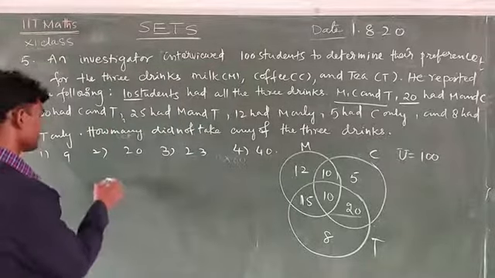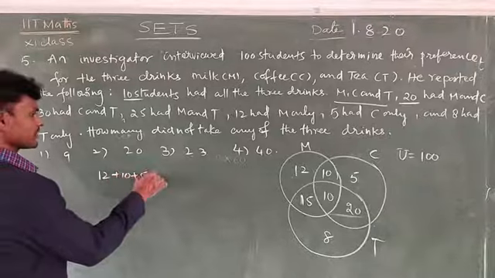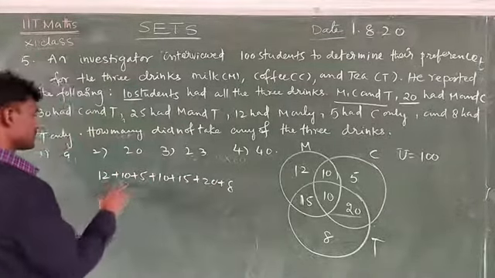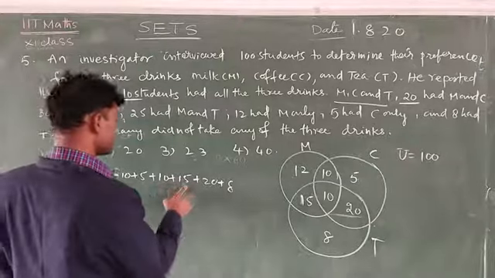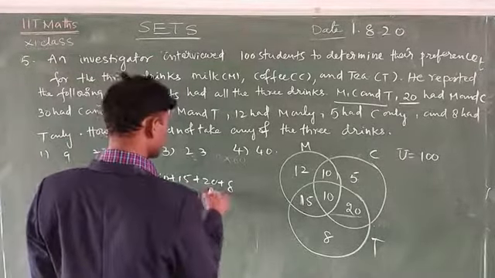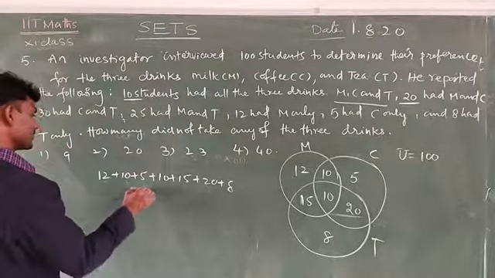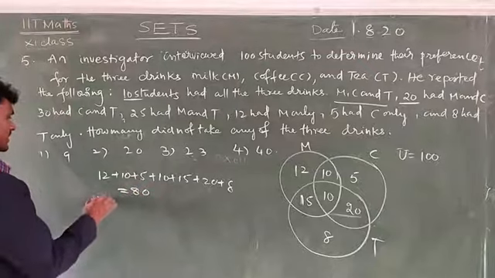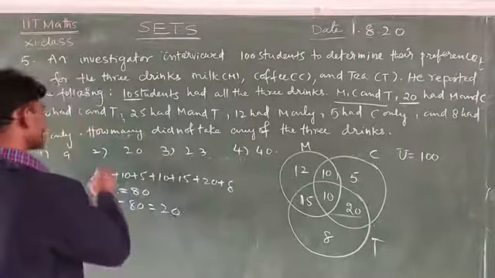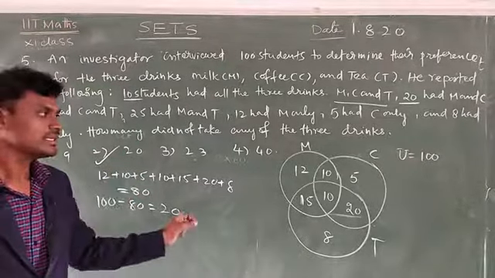Now see here, 12 plus 10 plus 5 plus 10 plus 15 plus 20 plus 8: 22, 27, 37, 47, 62, 72, 80. This is equal to 80. Now total 100 minus 80 is equal to 20 members. 20 members did not take any of the 3 drinks.